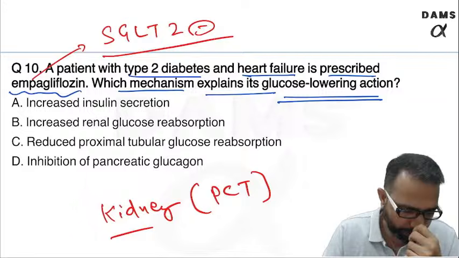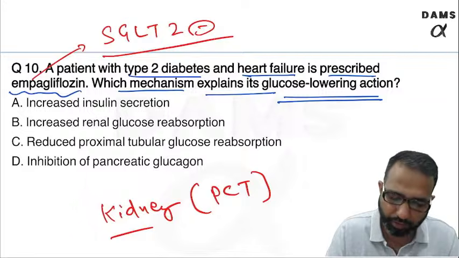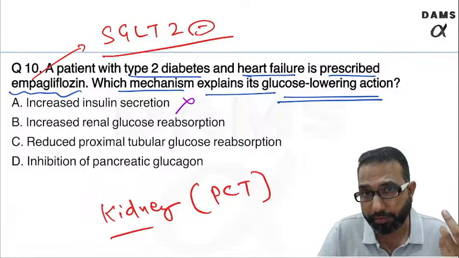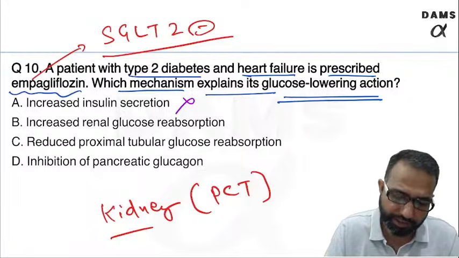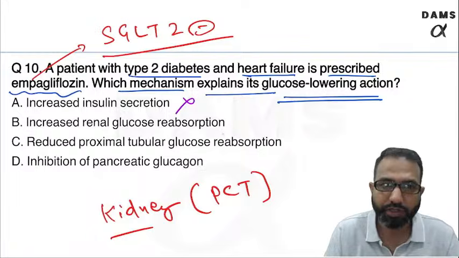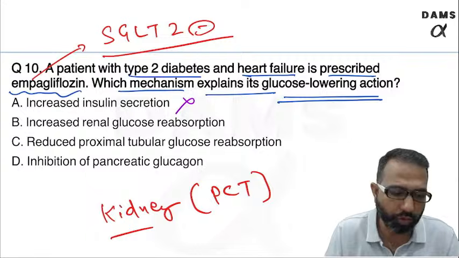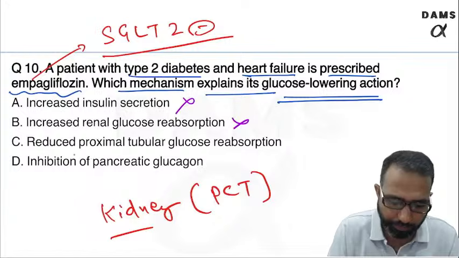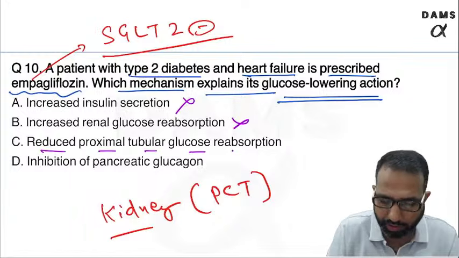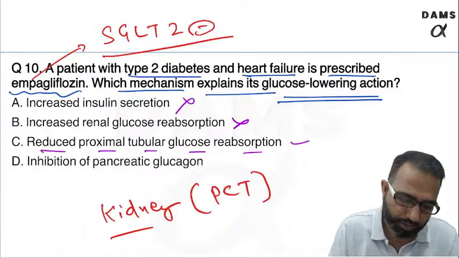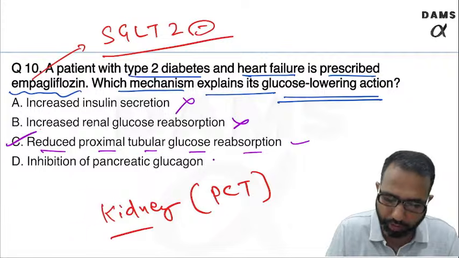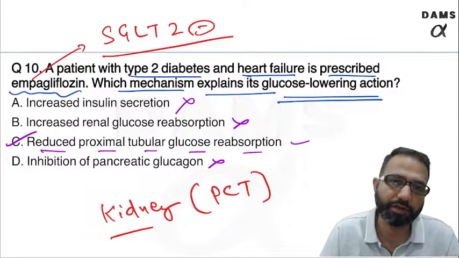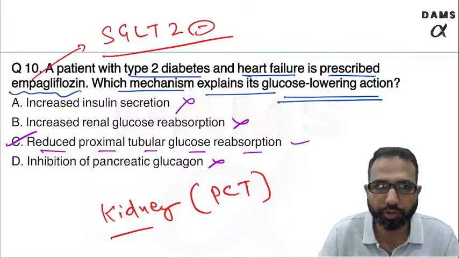If you see the options, increases insulin secretion, obviously no, that is insulin secretagogues like sulfonylureas or meglitinides. Increases renal glucose reabsorption, no, it inhibits renal glucose reabsorption. It reduces proximal tubular glucose reabsorption, yes. Inhibition of pancreatic glucagon, no. It reduces glucose reabsorption at the PCT level.